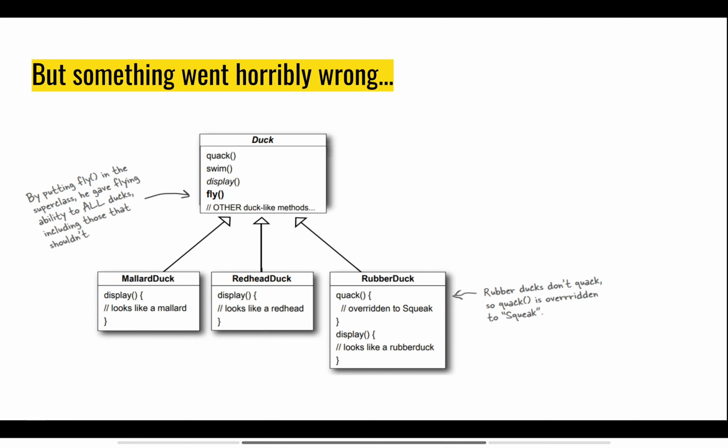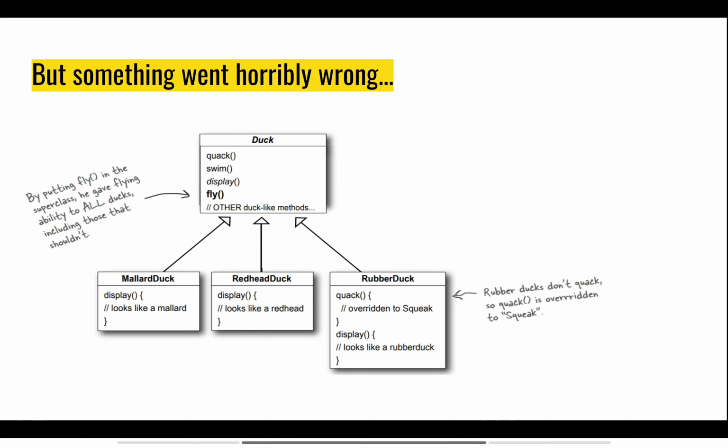Once he added this fly behavior in the super Duck class, all the subtypes were given the flying ability, even the ones which should not be flying.